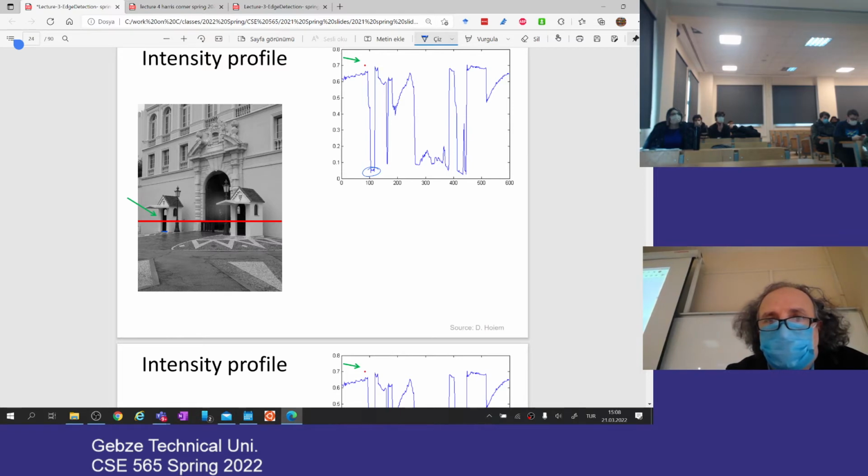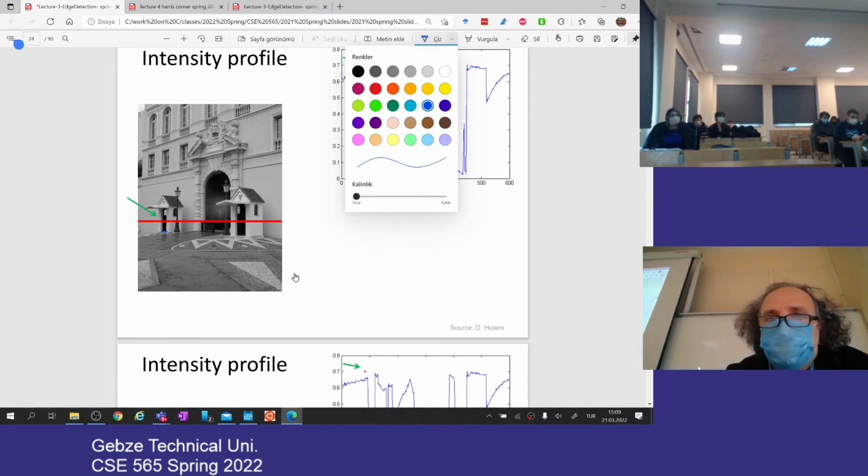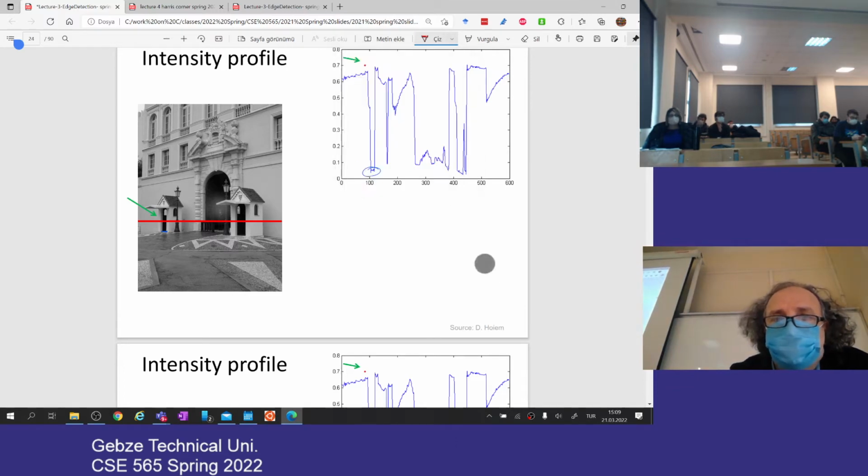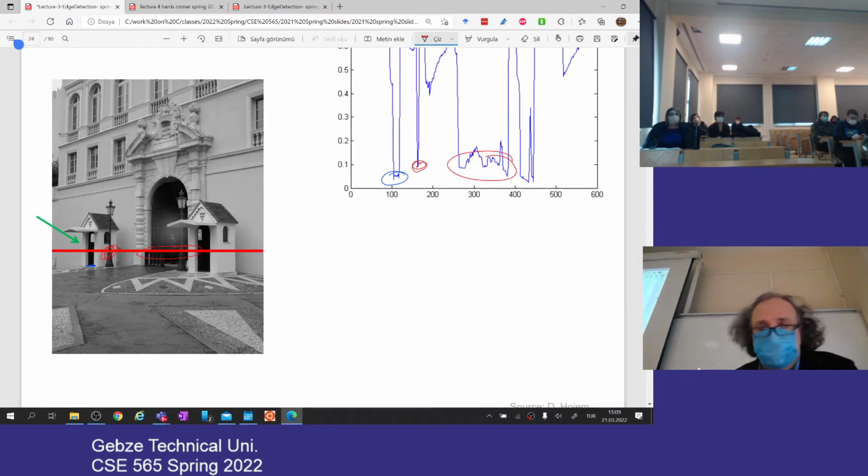Let me choose a different color. Yeah, this part corresponds to the pole, and this is the door, the main door. It goes like that.